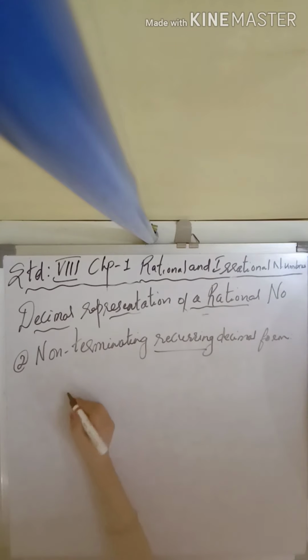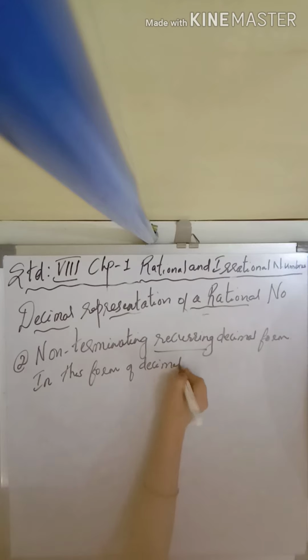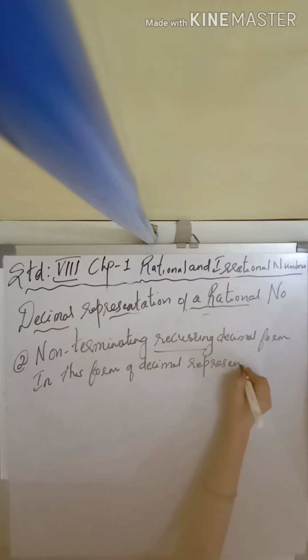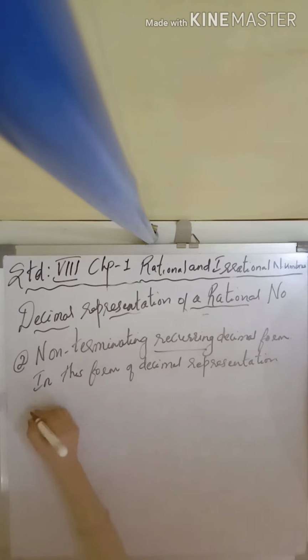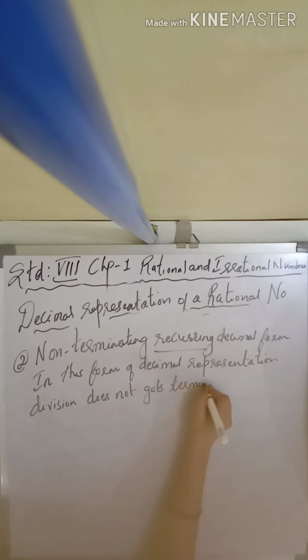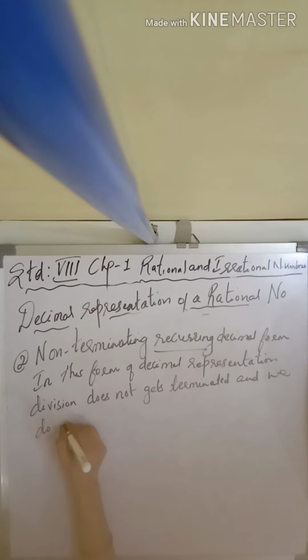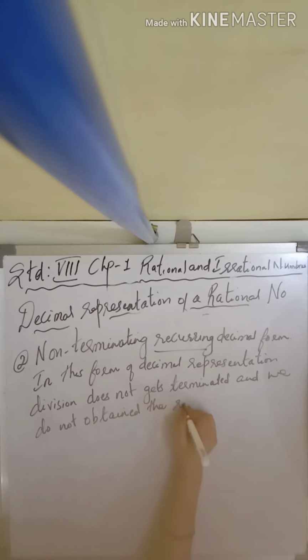Now, first I'll give the definition. In this form of decimal representation, division does not get terminated, and we do not obtain the remainder 0.